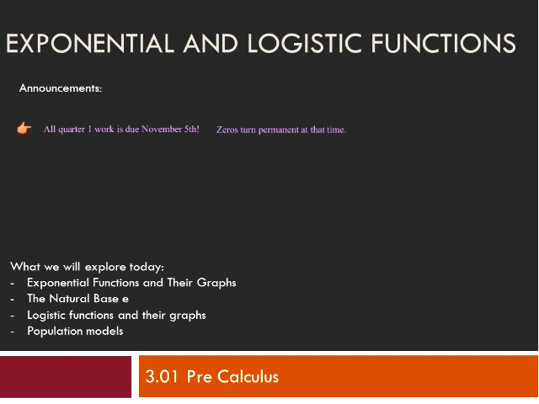So all quarter 1 work needs to be handed in by that November 5th deadline. And like I said, November 5th is a Sunday, so it kind of does follow your normal deadline procedures there. You have until midnight on the 5th to get everything in.